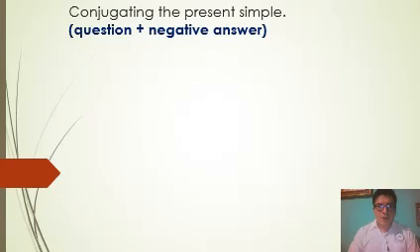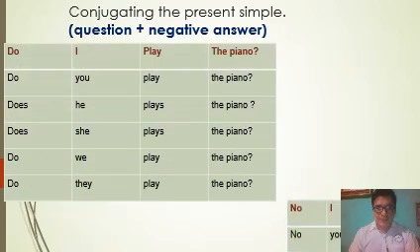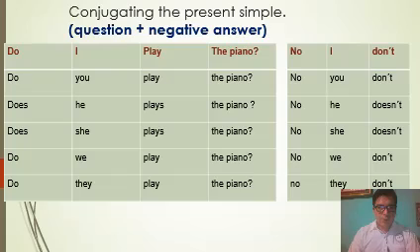Now we have conjugating the present simple, questions and negative answers. For example, do I play the piano? No, I don't. Do you play the piano? No, you don't. Does he play the piano? No, he doesn't. Does she play the piano? No, she doesn't.